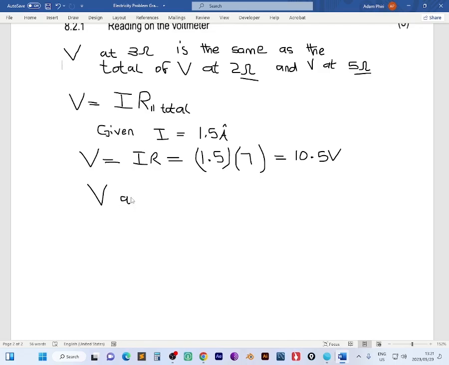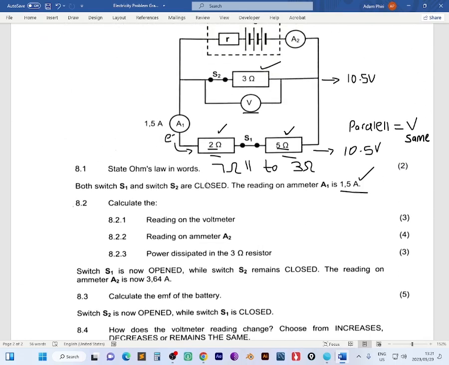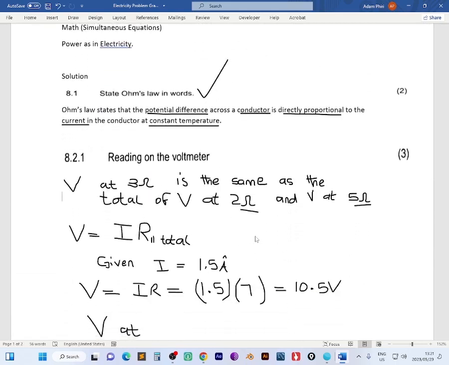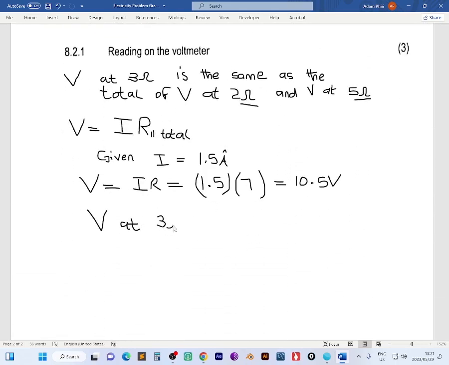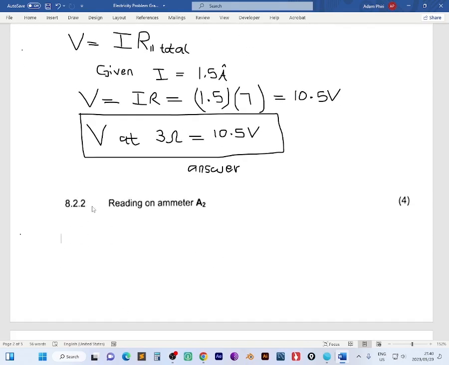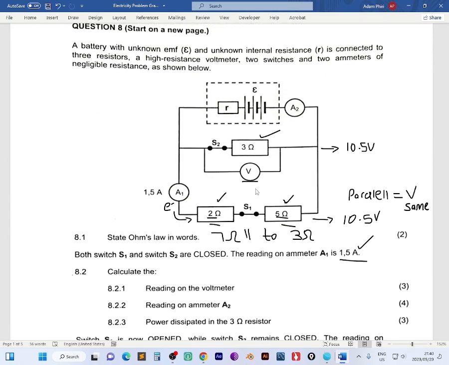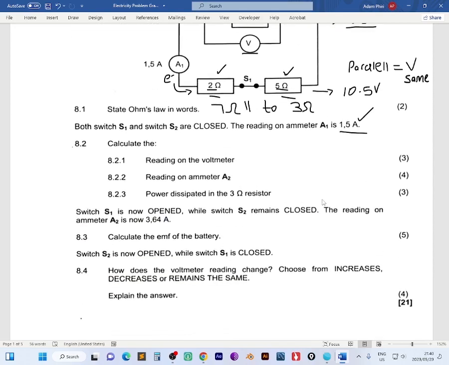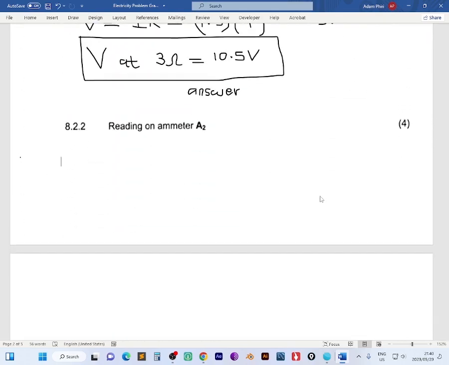So V at the 3 ohm resistor, applying Ohm's law, is 10.5 volts, calculated from the resistors and the current passing through. So we have 10.5 volts on both sides of the parallel branches.